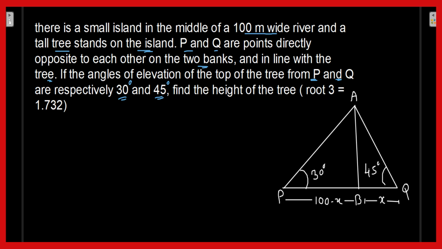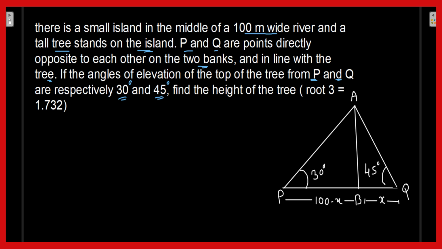While drawing the diagram, you have to see that the smaller angle is on this side, so this distance should be shown longer as compared to the 45 degree angle.